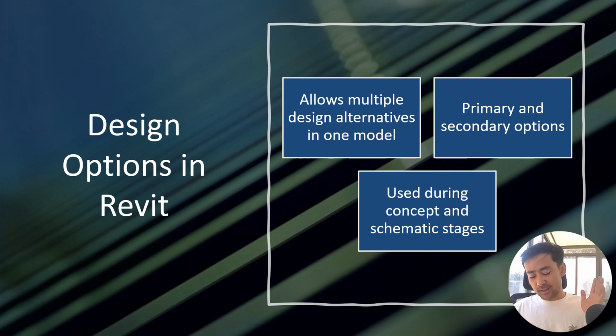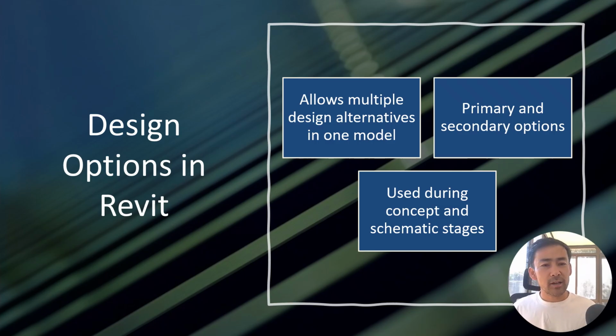So maybe architects have designed various options for you, and you use design options in order to convey and communicate your design with the clients and other stakeholders, and then use the primary design option in Revit in order to finalize your design.